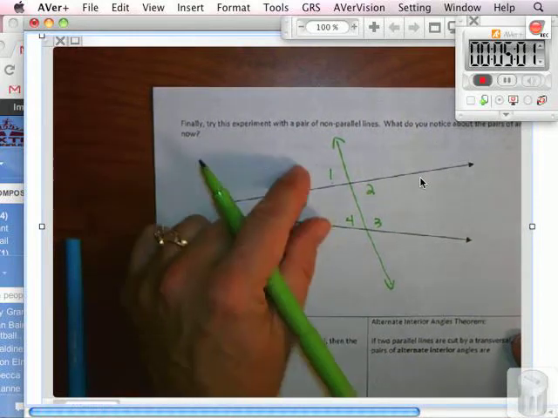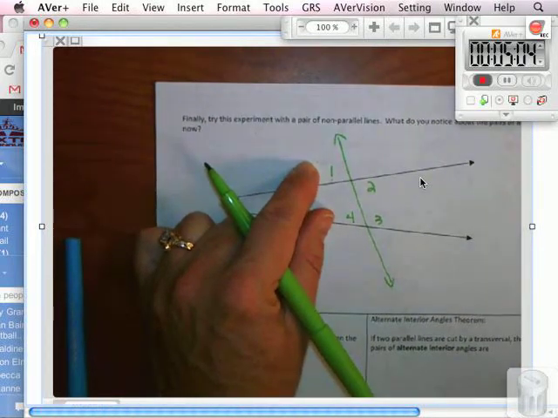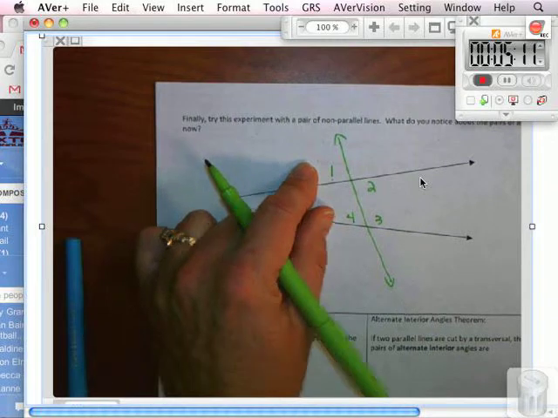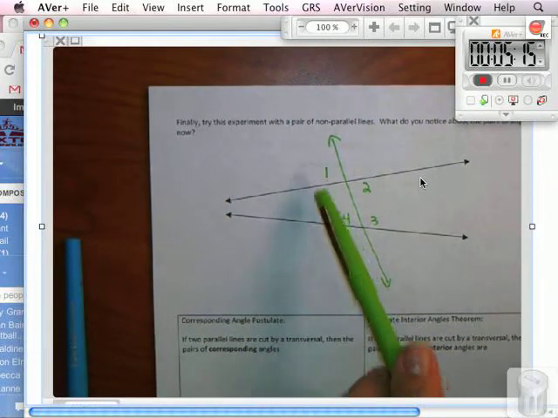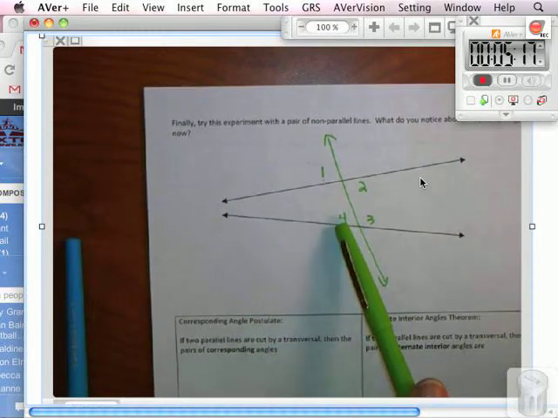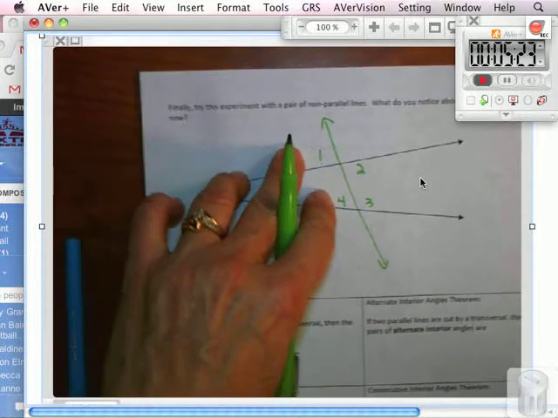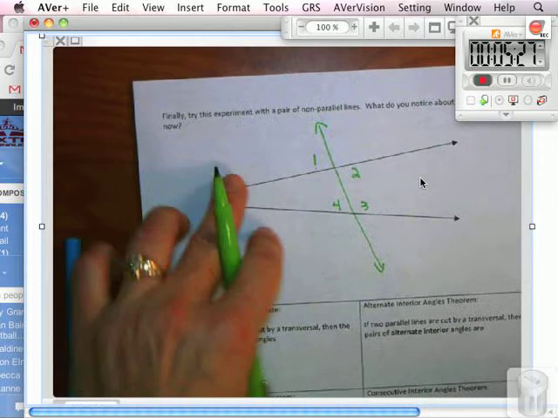What can I say about 1 and 4 here? What do we call those? Anissa? They are on the same side, but they're not same side interior. They're same side exterior? You can't call it that. No, it starts with a C. Corresponding. They're corresponding. Can we say that they're equal? No. We cannot say they're equal because these lines aren't parallel.